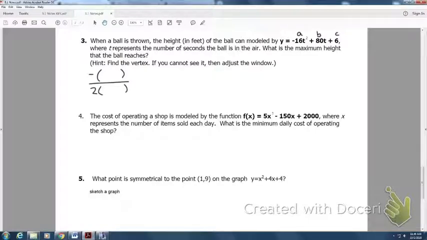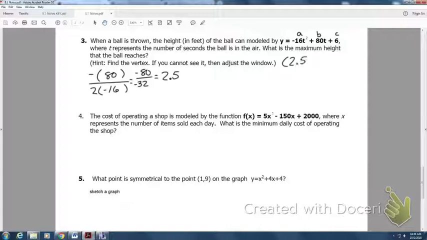What is the a value? Negative 16. Fabulous. That's going to give me negative 80 over negative 32, which is 2.5. There's the x value of your vertex.